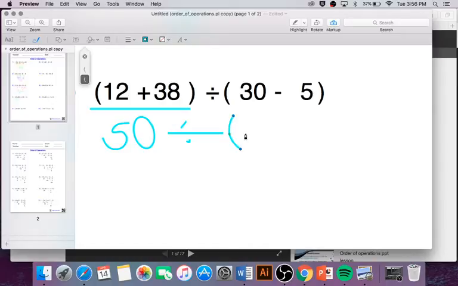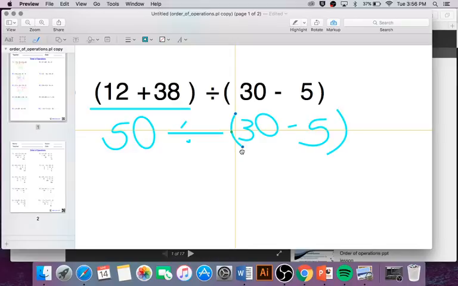Divided by 30 minus 5 in parentheses. Okay. Next thing we're going to do is our second set of parentheses. So 30 minus 5 is 25.